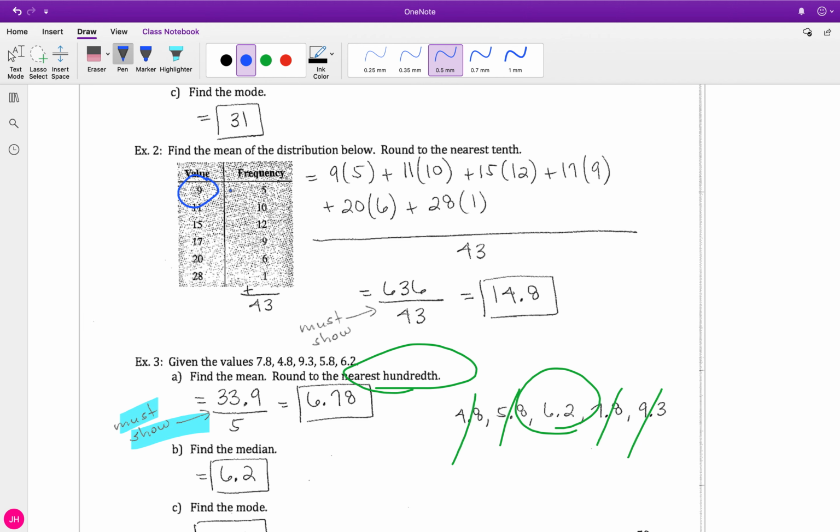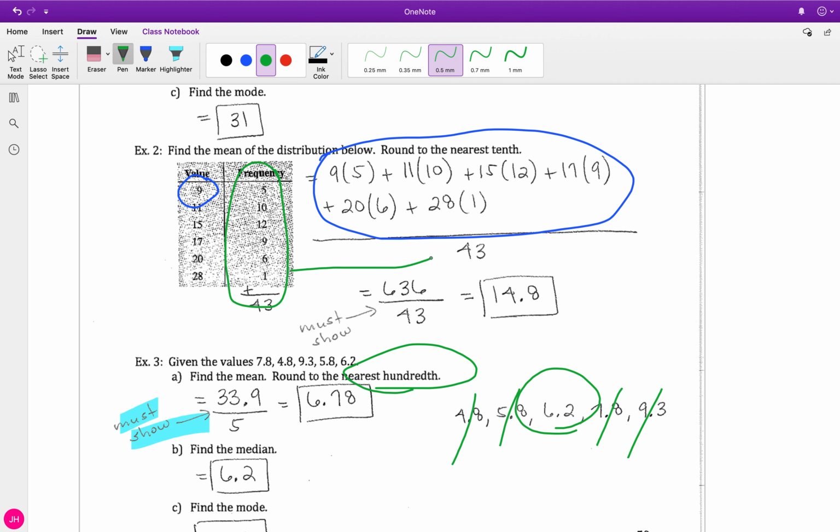So I would do this for all my numbers. So 9 times 5, 11 times 10, 15 times 12, 17 times 9, 20 times 6, and 28 times 1. That's my whole numerator. I would type all of this in my calculator, and it gives me 636. Then I'm going to add up these frequencies, and that gave me 43.